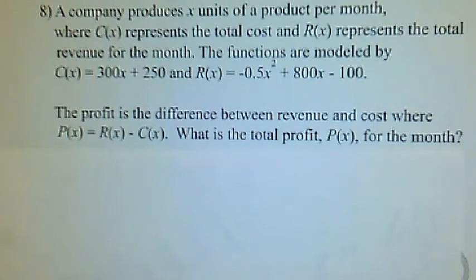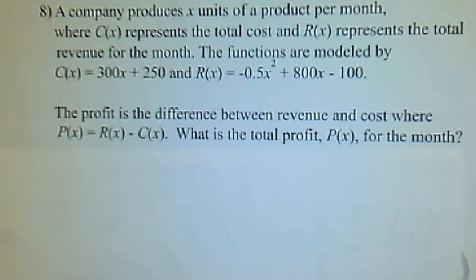Alright, of course the last one is going to be a word problem. A company produces x units of a product per month. C of x represents the total cost, and R of x represents the revenue for the month. The functions are modeled by 300x plus 250 and negative 0.5x squared plus 800x minus 100.